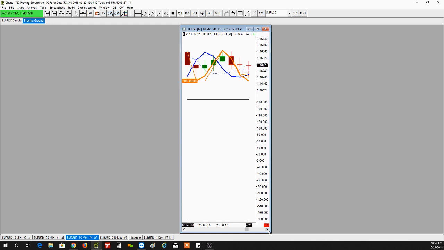So I'll show you a better example. But a lot of times it'll go from a very high number on top to a very low number on bottom really quickly, right? And while it's building back up, it takes its time to build back up, which means there's more weight to the long side than there is the short side.